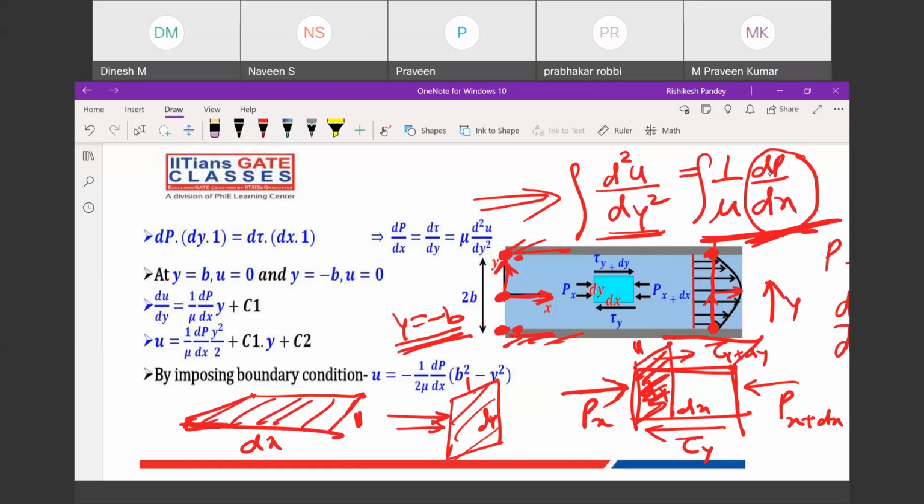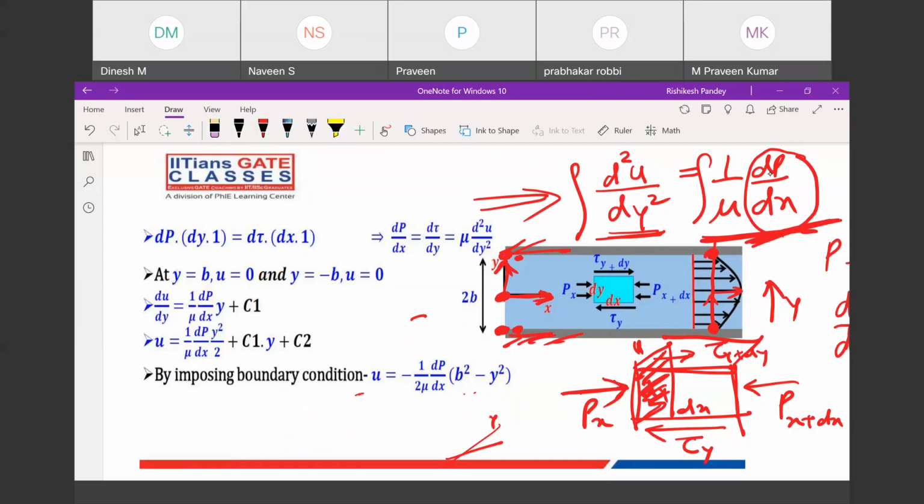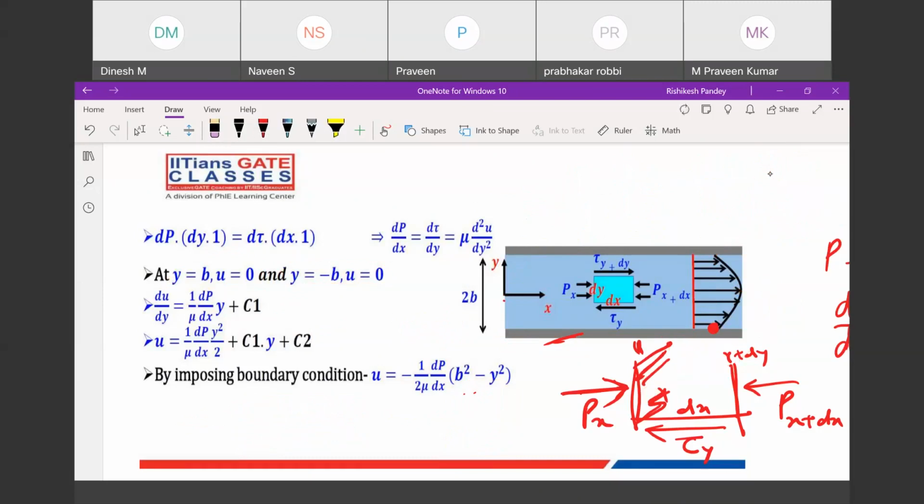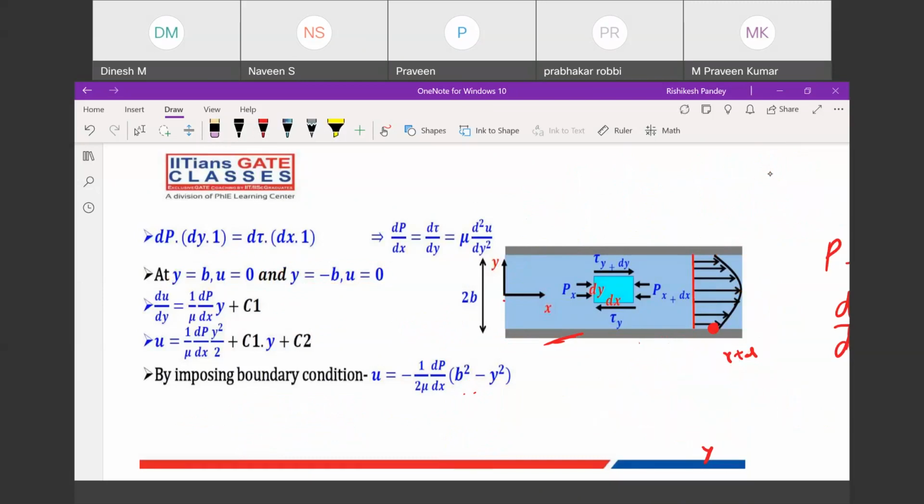The moment we put these two things in our equation, we'll get the value of the constants, and finally we'll get the equation which you have to remember. The final thing you will have to remember, in a fluid flow between parallel plates, is this equation.